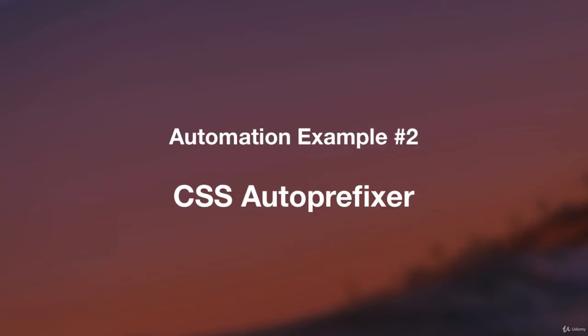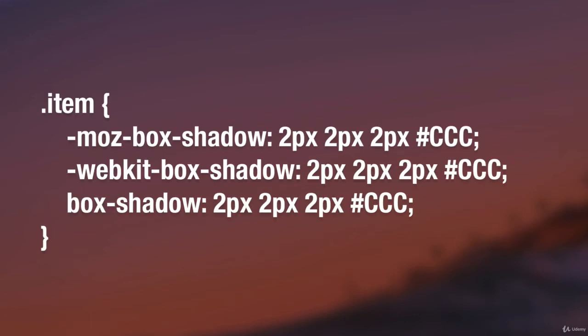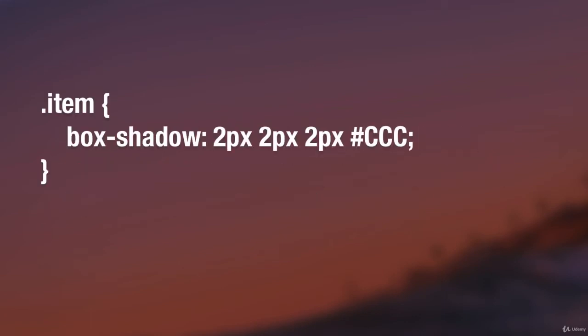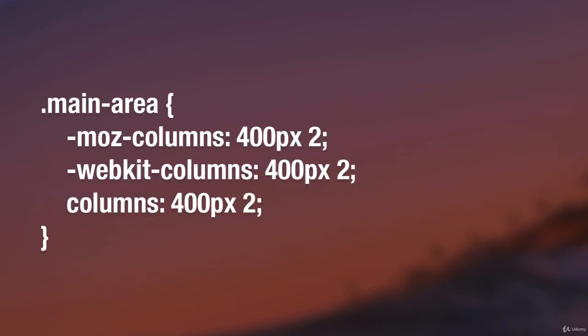For another example of automation, we could set up something called CSS Auto Prefixer. Now, in recent years, we don't need to use CSS vendor prefixes as much as we used to. But for certain properties, they are still necessary.